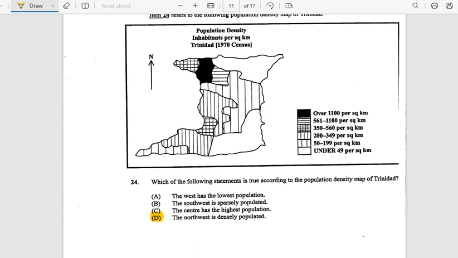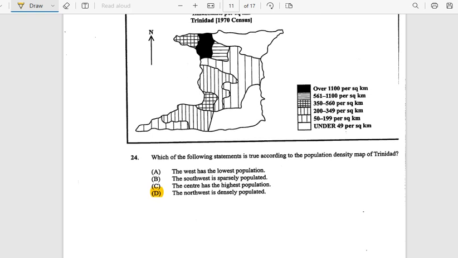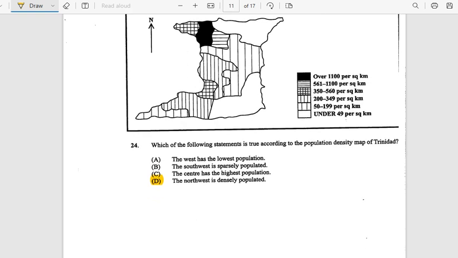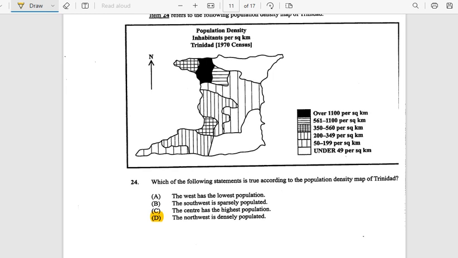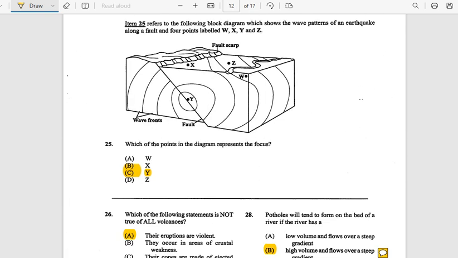Number 24. Which of the following statements is true according to the population density map of Trinidad? All right, so on the map of Trinidad, it is the northwest that is densely populated. Number 25.